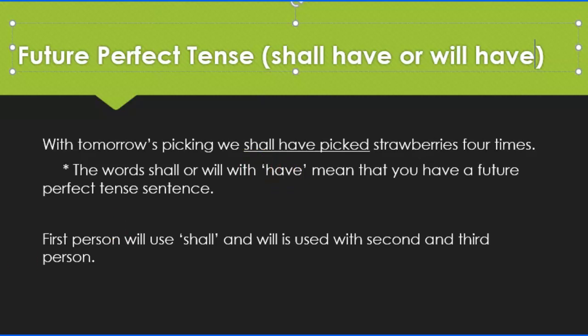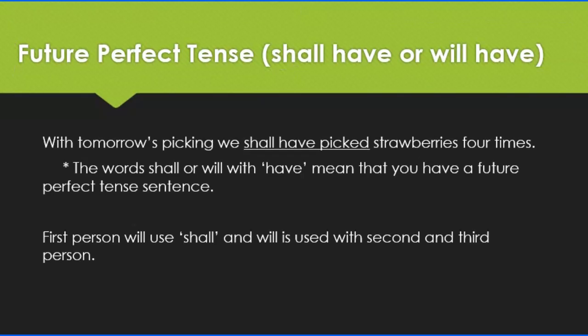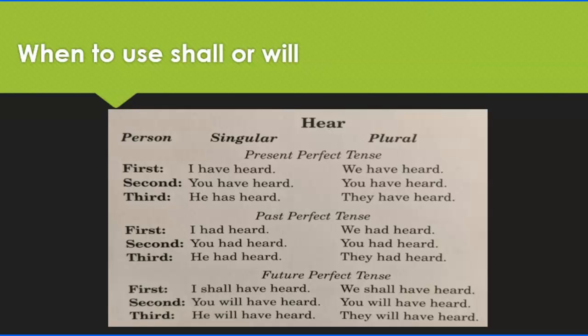So now that you know the clue words that you are supposed to be looking for, let's take a look at how we use these. So here is perfect tenses. Present perfect tense, past perfect tense, future perfect tense, just like the conjugation charts we saw for past, present, and future.